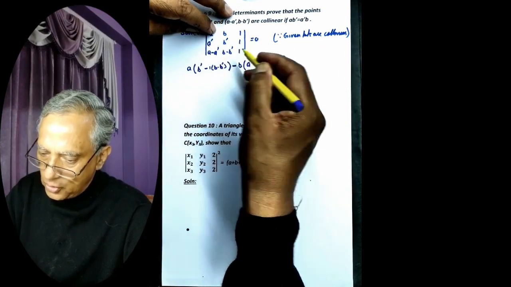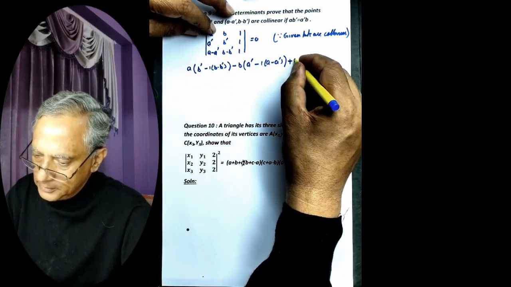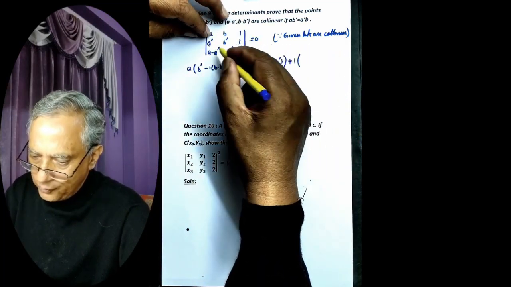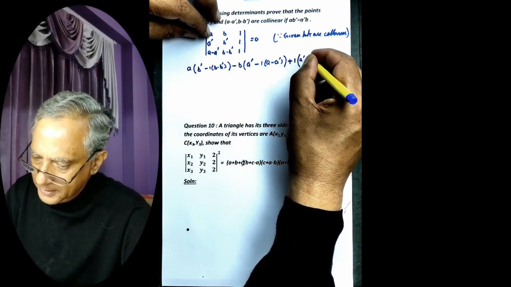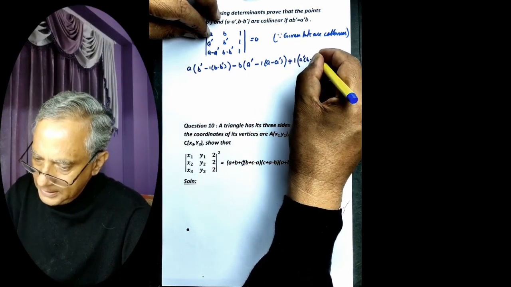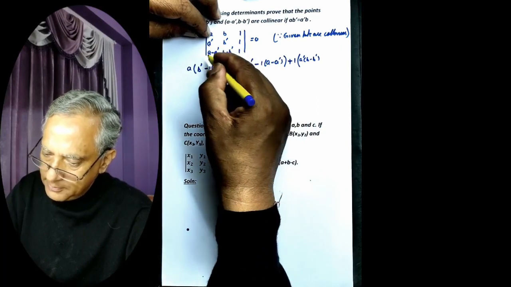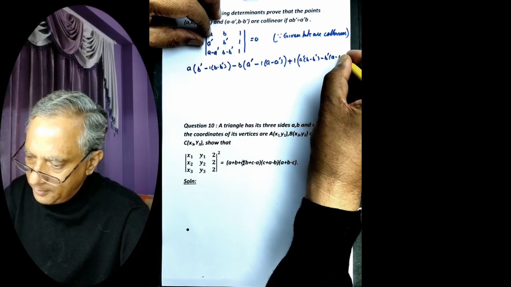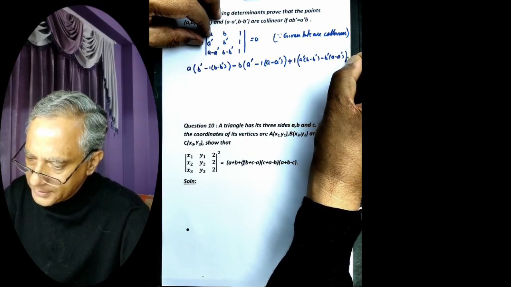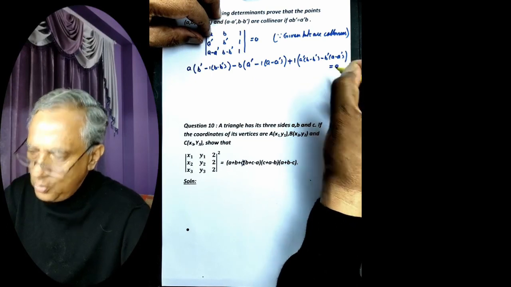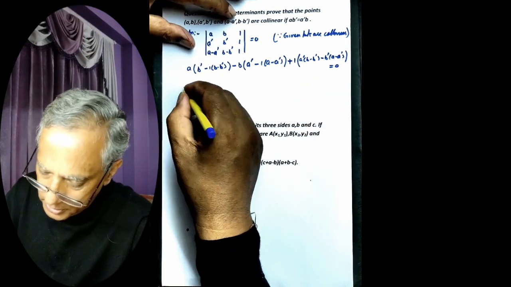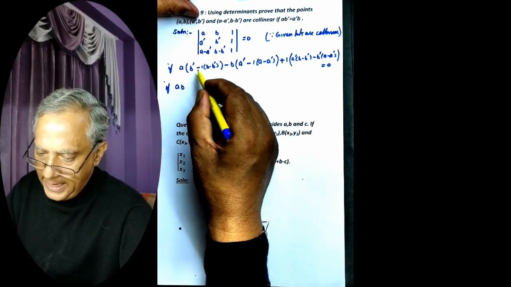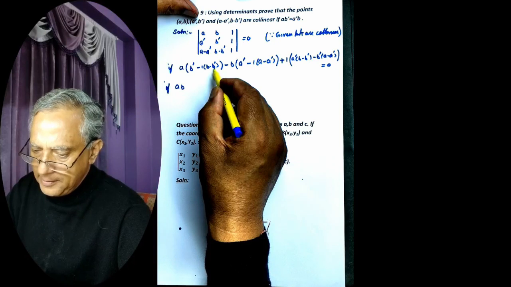So this is gone, and we are left with A' into B minus B', this into this minus this into this, minus B' into A minus A'. This must be equal to 0. Now on simplification we get this is B' minus B plus B'.